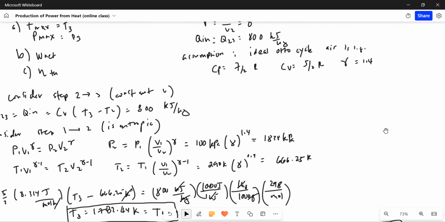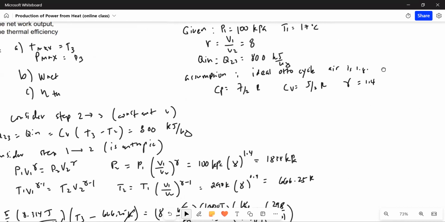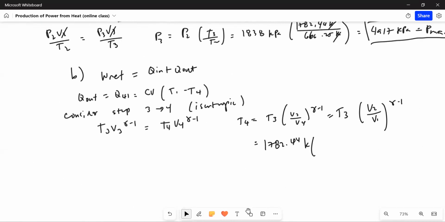The compression ratio is V1 over V2, so get the reciprocal of that, 1 over 8 raised to gamma minus 1, which is 0.4. And this is equal to 775.85 Kelvin. Okay, so we now have T4.